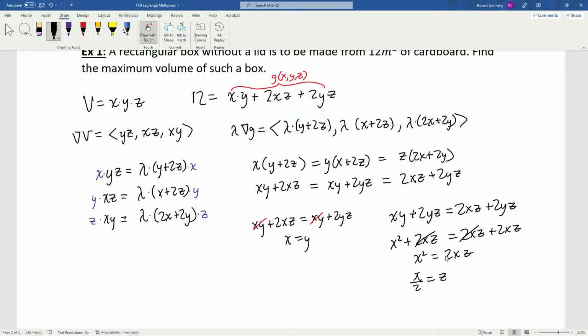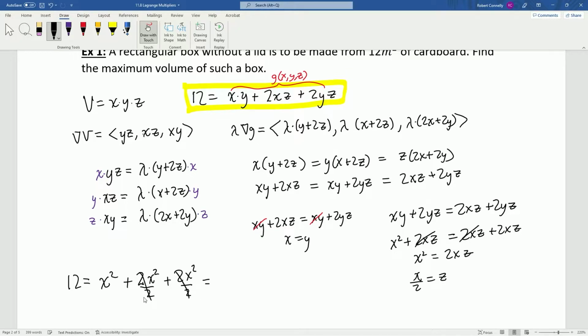So now that gives me the ability to rewrite all of my variables in terms of x, and now I can plug this into my constraint equation, and I should be able to solve for x. So 12 equals x squared, because x times y is the same thing as x times x, plus 2x times z, but z is x over 2, so this is 2x squared over 2, plus 2x times x over 2, so again, this is 2x squared over 2.